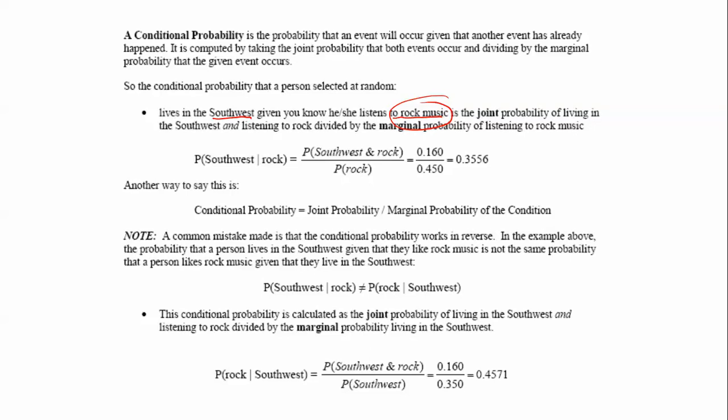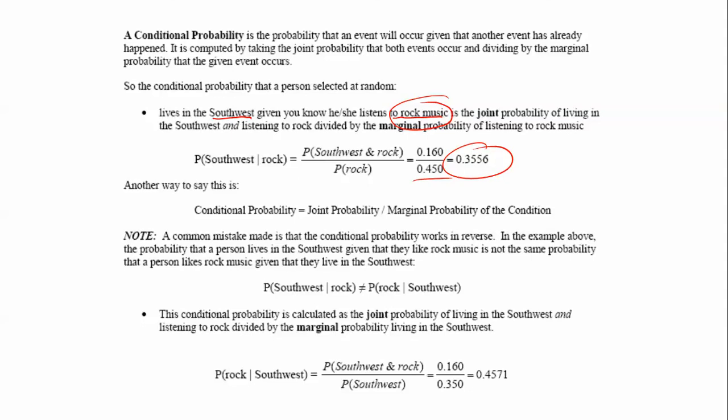It's reduced, in fact, from 1,000 to only 450. So the joint condition of Southwest and rock divided by the probability of the conditional statement rock, we find that there's actually about a 35% chance that the joint statement is true given the conditional statement.